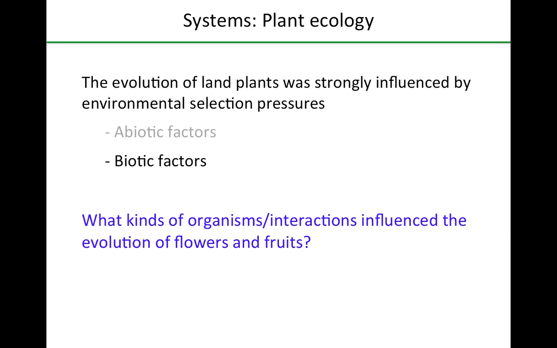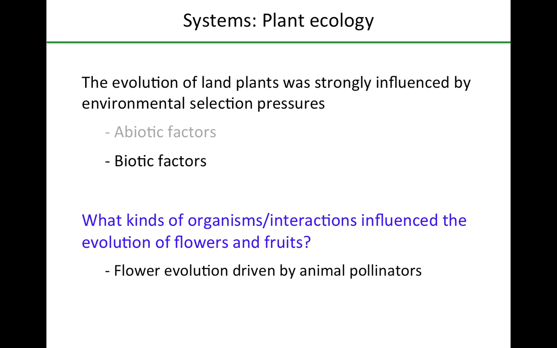So a question that I might ask you is, what kinds of organisms or what kinds of species interactions influence the evolution of both of these important traits in the angiosperms? So if you want to think about it, you can pause. So in the case of flowers, it would have been animal pollinators.